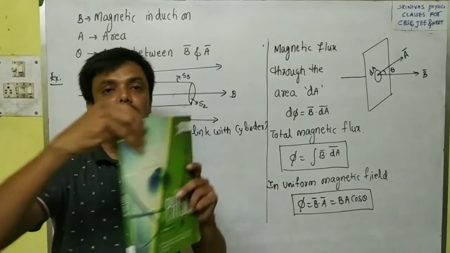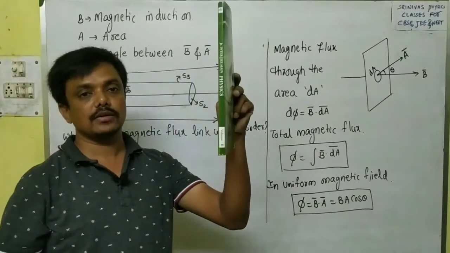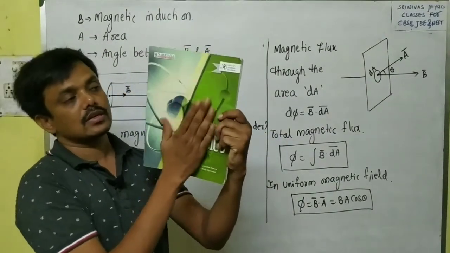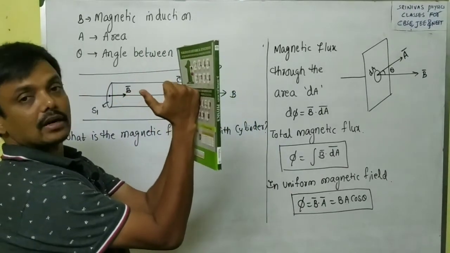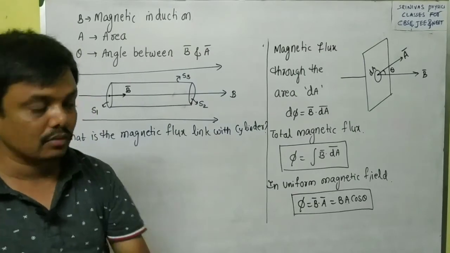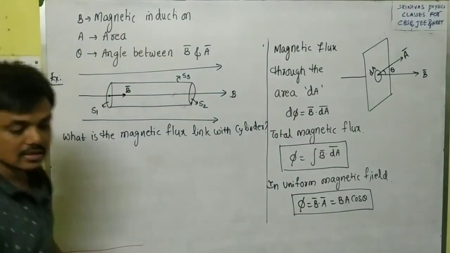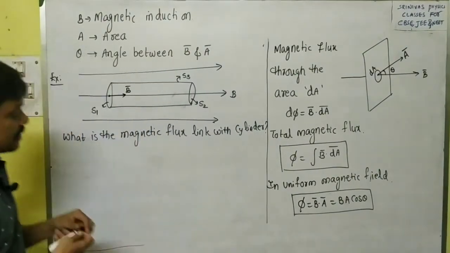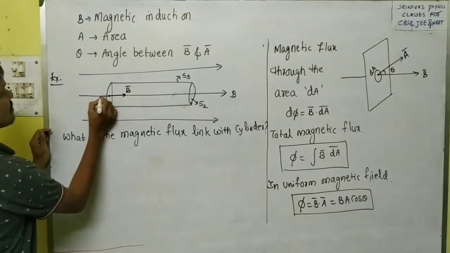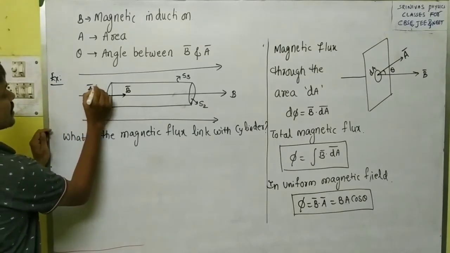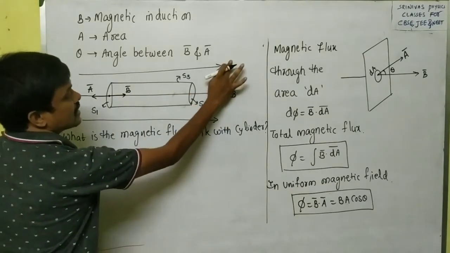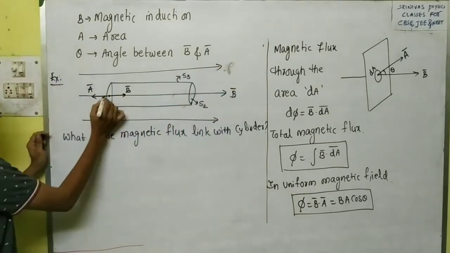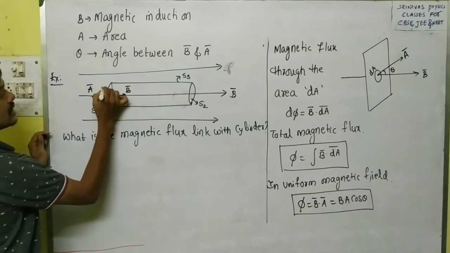For example, this is an object. For this surface, the area vector is perpendicular to the surface. That means for the left end of the cylinder, the area vector is left side. This is the direction of the area vector. And the applied field is right side, already given in the diagram. Then the angle is 180 degrees, right?